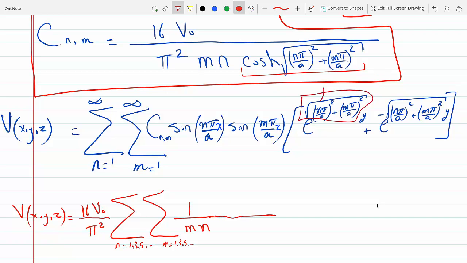And there's a cosine hyperbolic here. So cosine hyperbolic n pi over a squared plus m pi over a squared, and there's a square root.